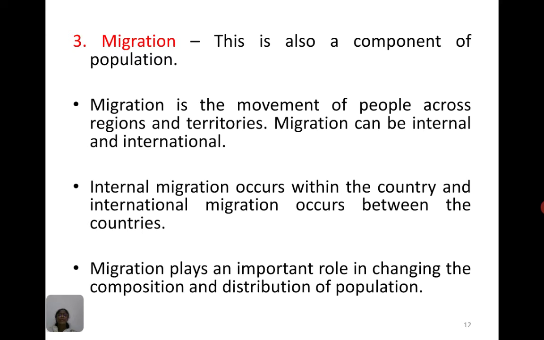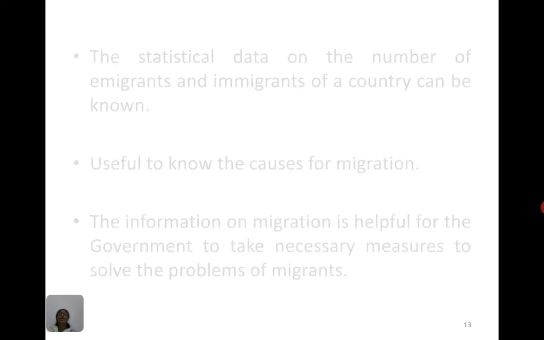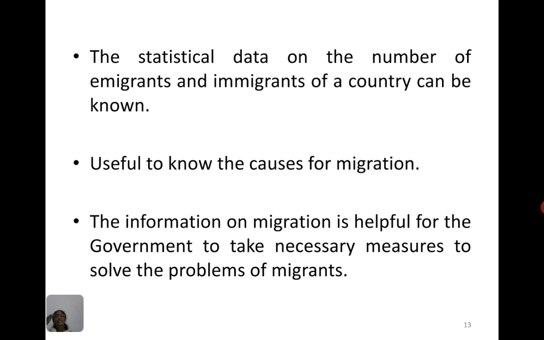Migration plays an important role in changing the composition and distribution of population. The statistical data on the number of immigrants and emigrants of a country can be known. That means to say how many people have moved into our country and how many people have moved out of the country can be known.